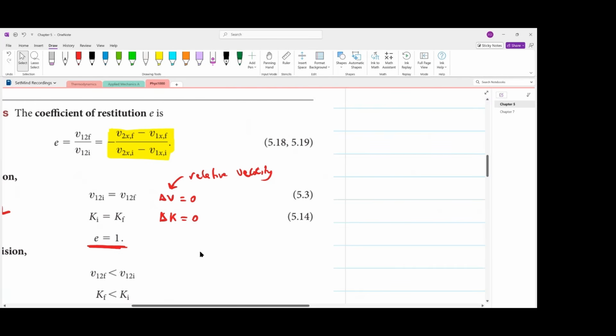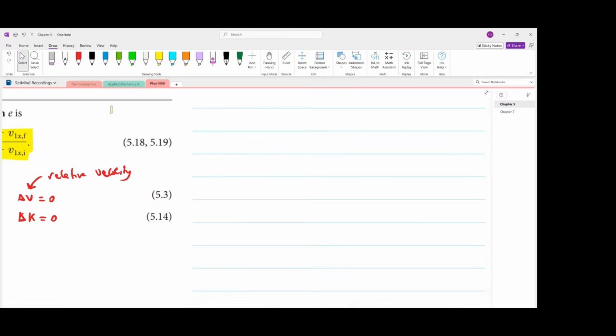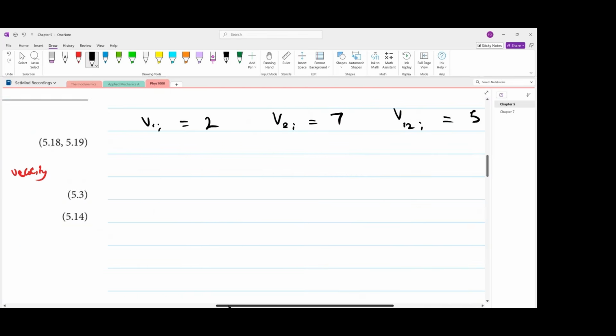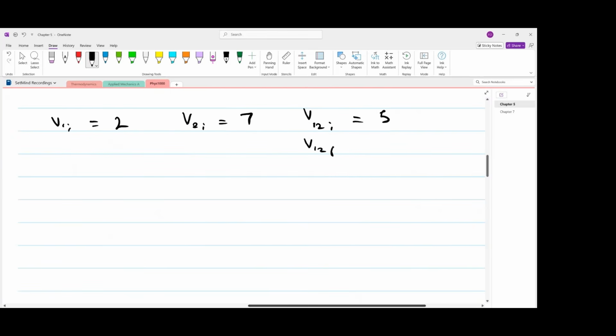So, for example, if I have V1 and V2, my V1 initial can be maybe 2, my V2 initial is 7, which means my V12 initial is 7 minus 2, which is 5. After the collision, V12 final is going to remain at 5.